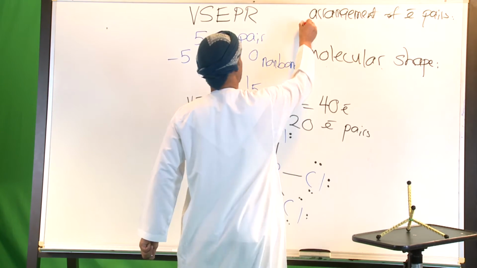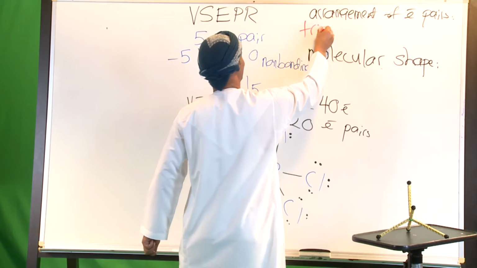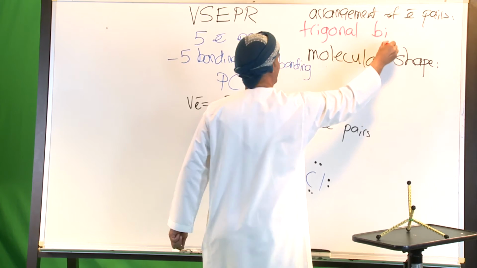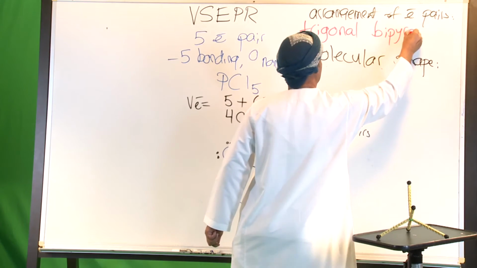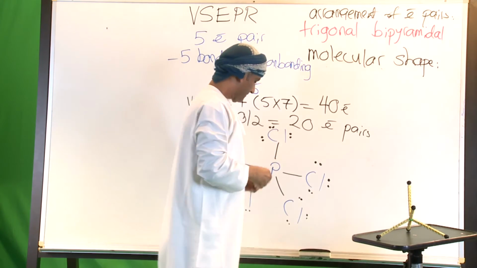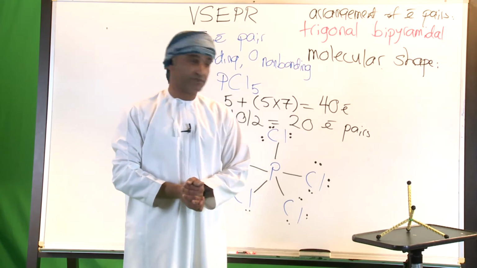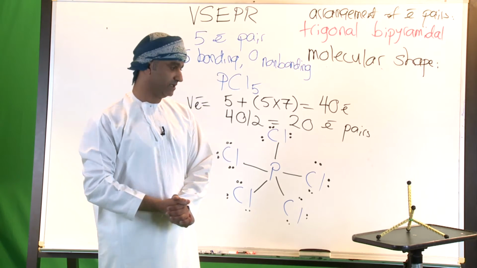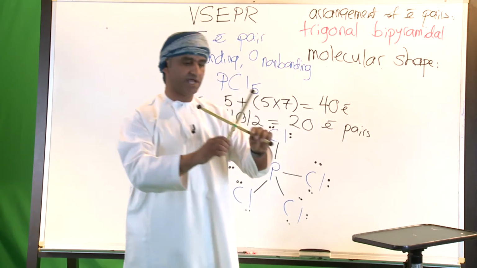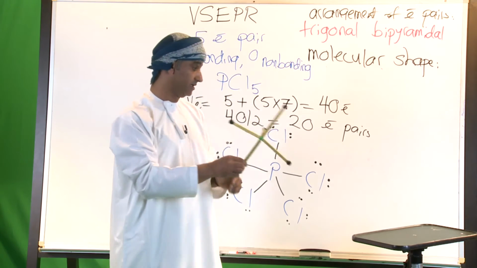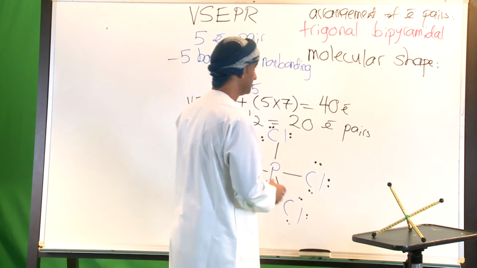So let's write that down. The arrangement of electron pairs is trigonal bipyramidal. And since there are no lone pairs around the central phosphorus atom in this case, the molecular shape should be the same. So the molecular shape of phosphorus pentachloride is also trigonal bipyramidal. So let's write that down.